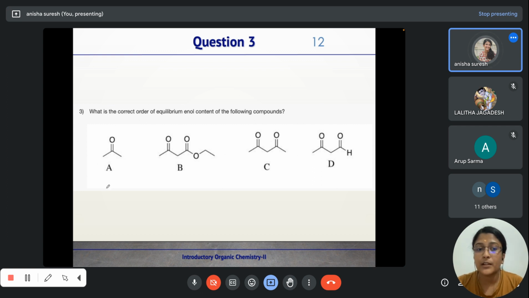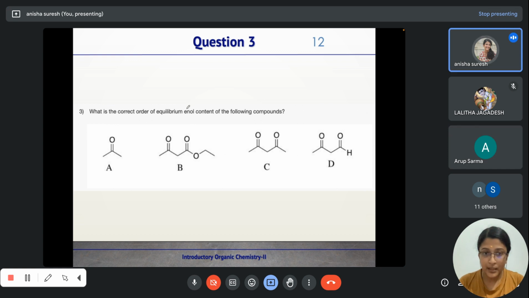You can see this is A, this is B, C and D. Accordingly, you can tell me the order. Which will be greatest, which will be second greatest, third greatest, and which will be the least one.